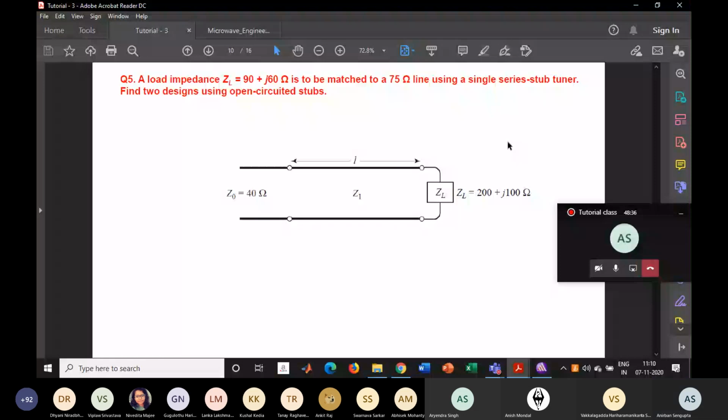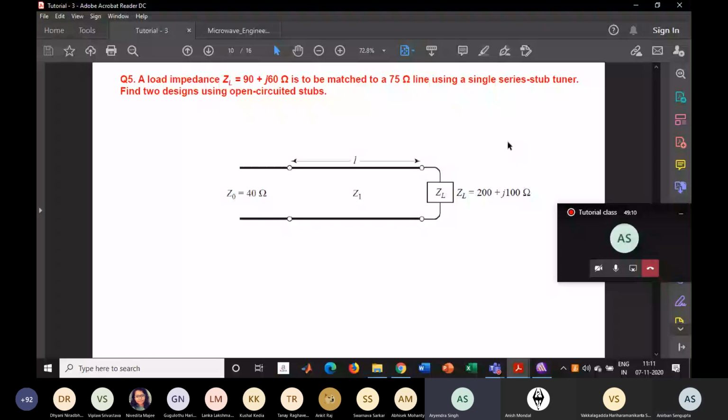In a series stub, the calculation has to be done wholly on an impedance Smith chart, right?